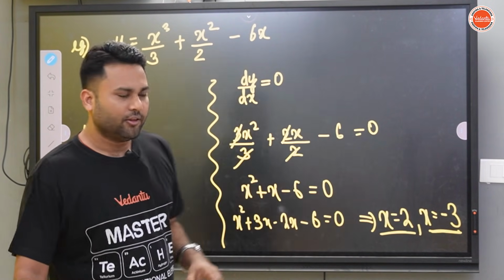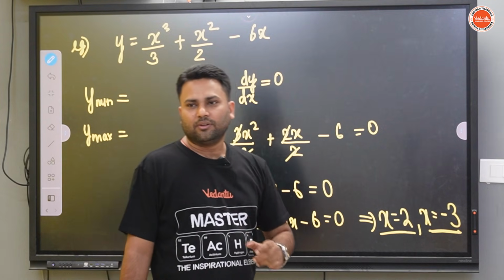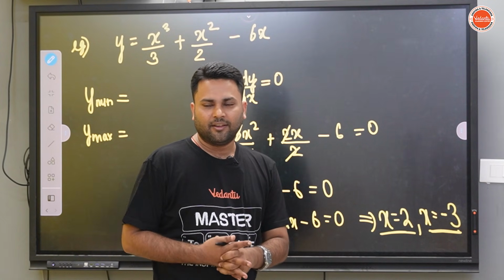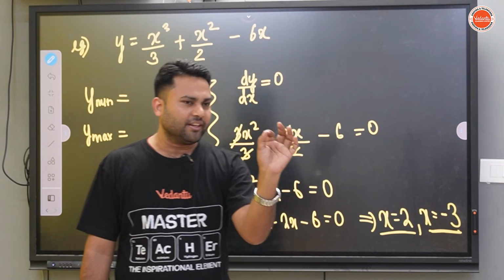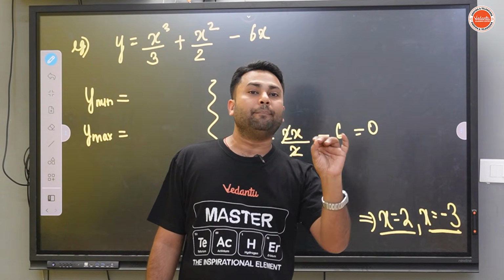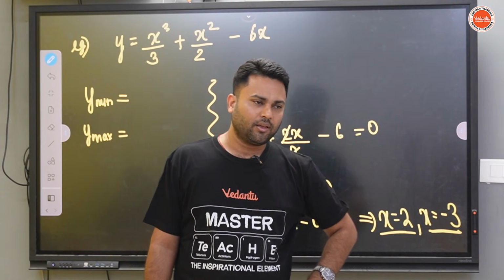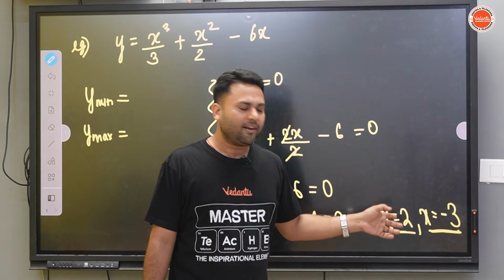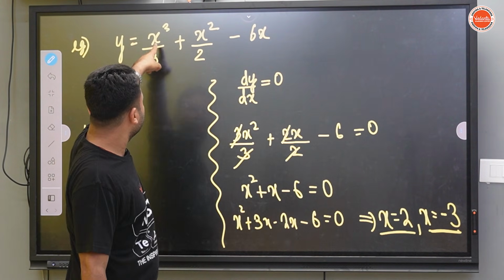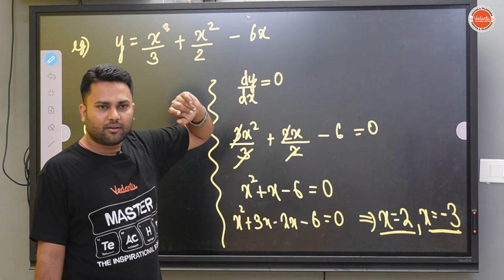Now there are two methods to do this, because they are asking at what x you will get the maximum. Suppose the question is at what x you will get the maximum value of y. Now you are getting two values of x, so do hit and trial. Put x equals to 2 here and see what value you are getting.